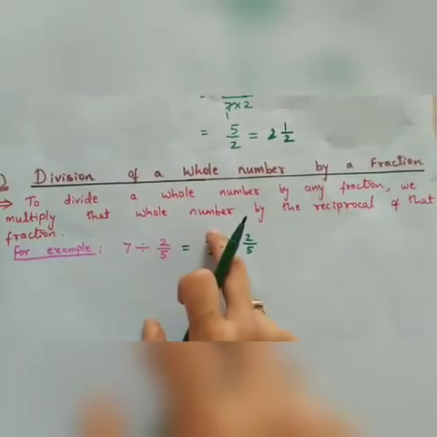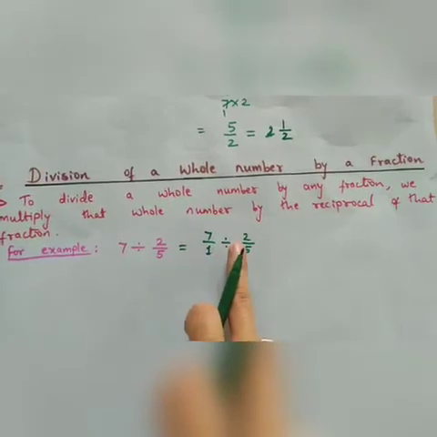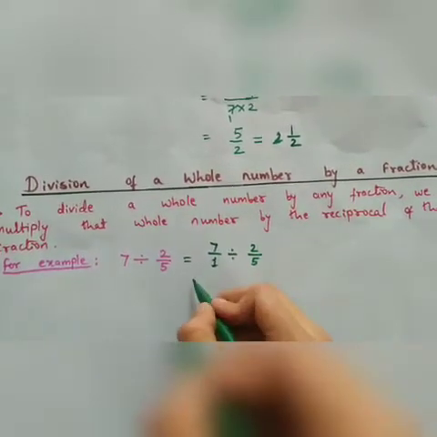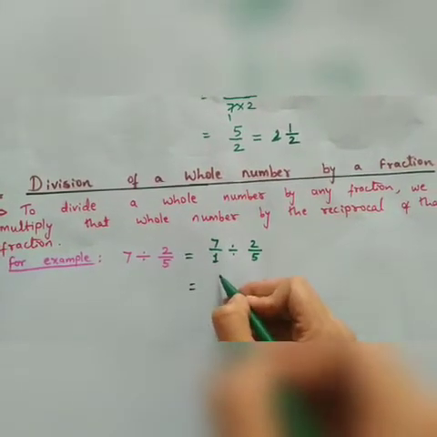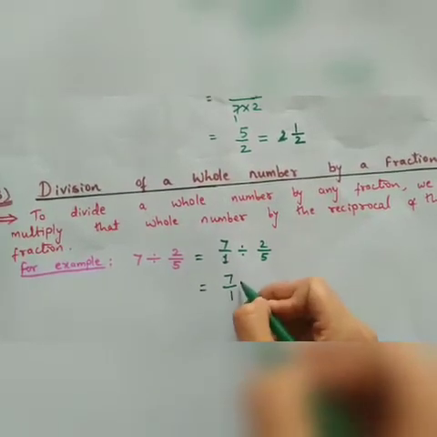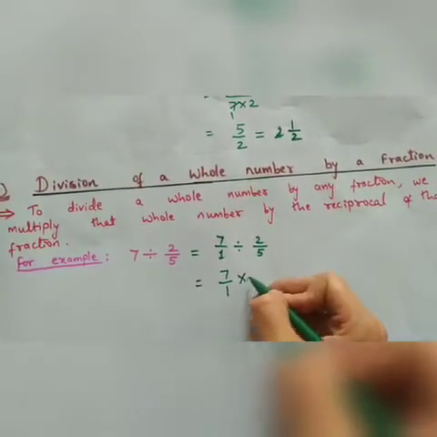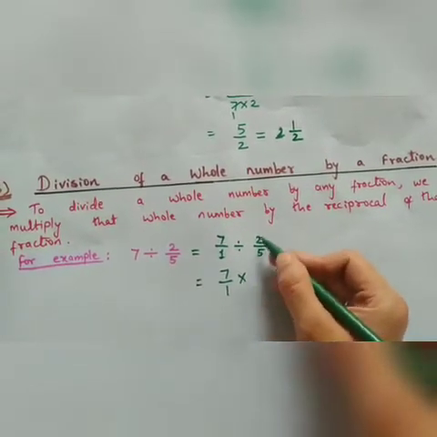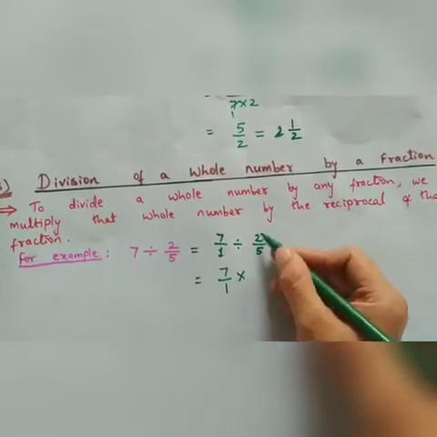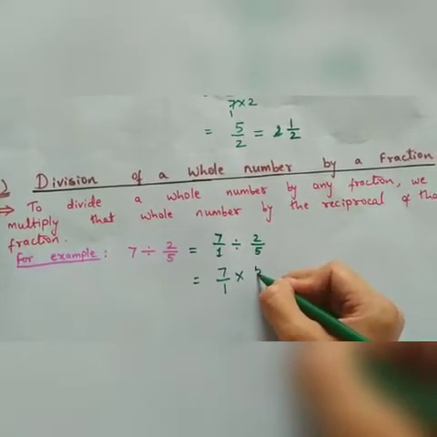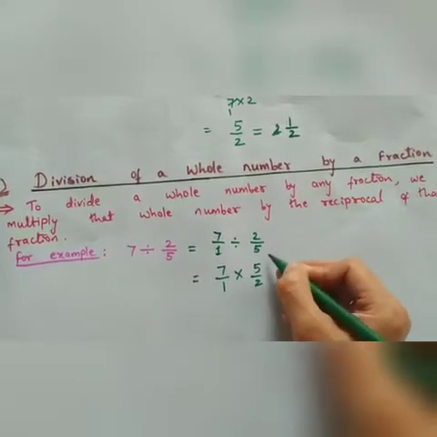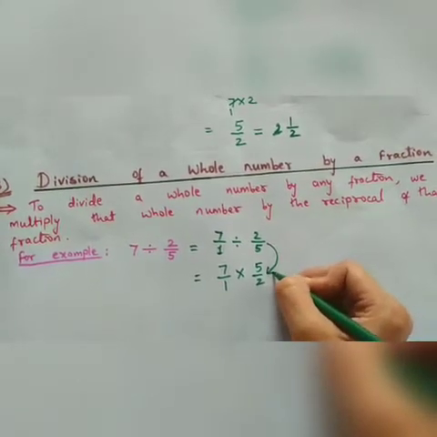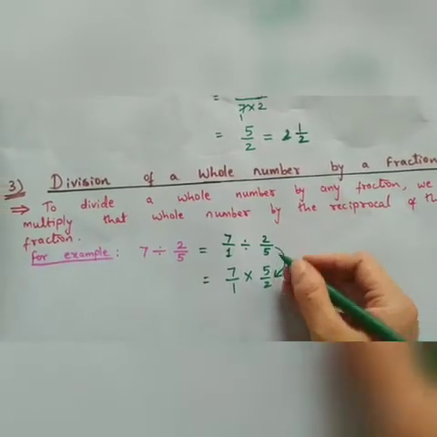So 7 can be written as 7 by 1. Now we keep this 7 by 1 as it is, and we multiply by the reciprocal of this fraction. So what is the reciprocal of 2 by 5? Yes, 5 by 2. So 5 by 2 is the reciprocal of 2 by 5.